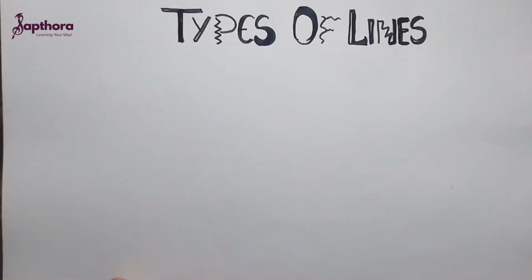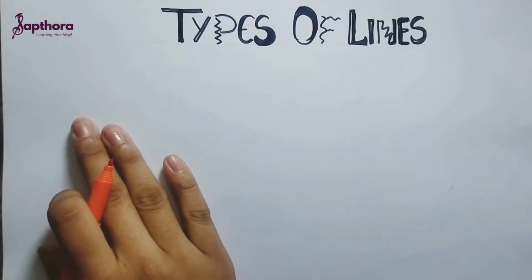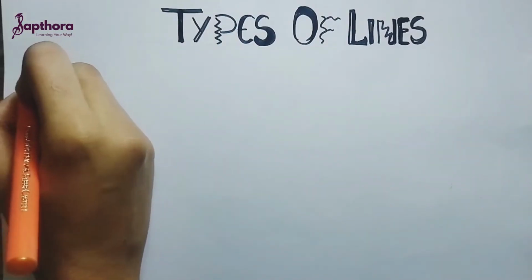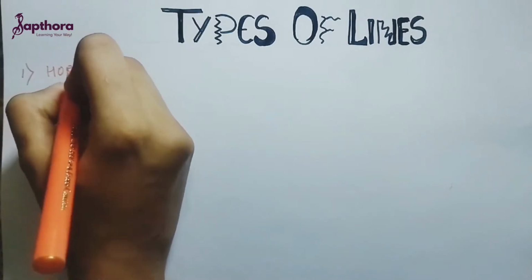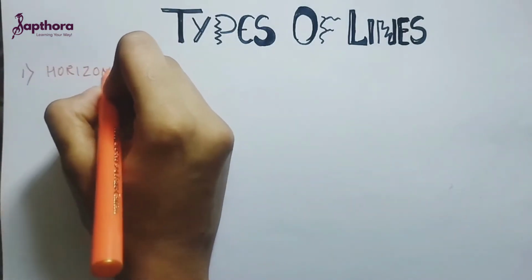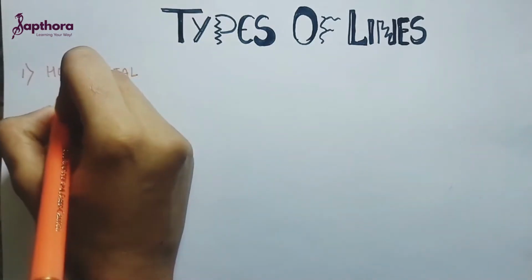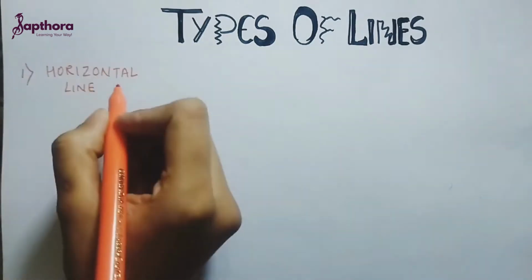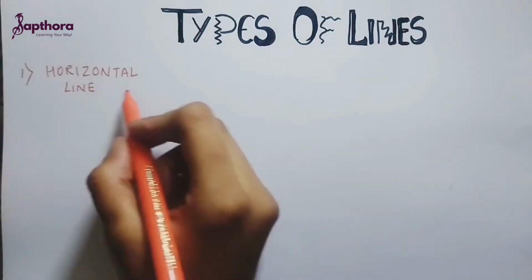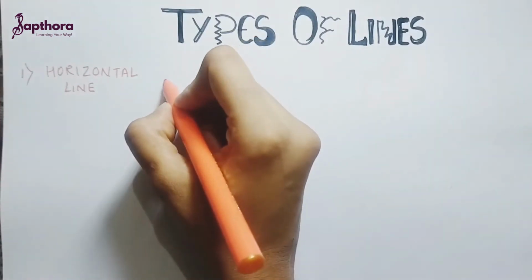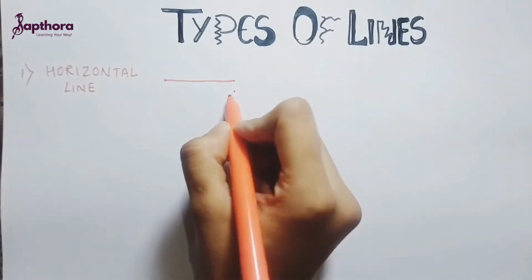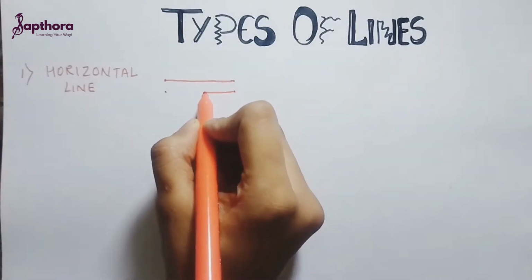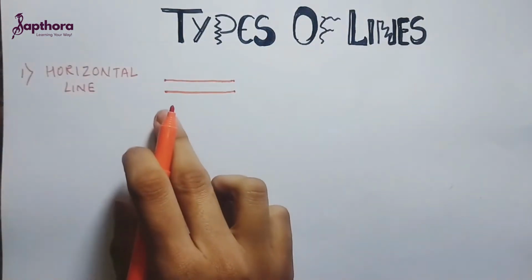Now that we have understood what lines are and why we need them, let's discuss some of the lines. The very first line we are going to learn today is the horizontal line. These are the lines which go from left to right or from right to left. So these are basically straight lines.